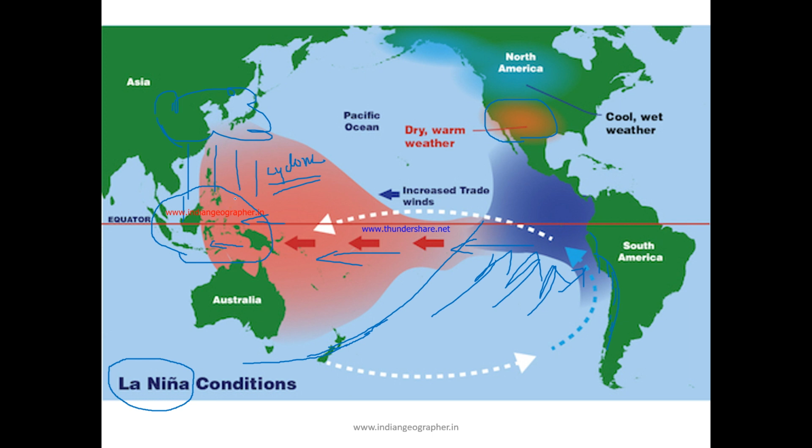So these are the normal conditions in an extended phase, which we term the La Nina condition. Now, it does result in a lot of flooding, especially in the Western Pacific, Indonesia, China, those areas.